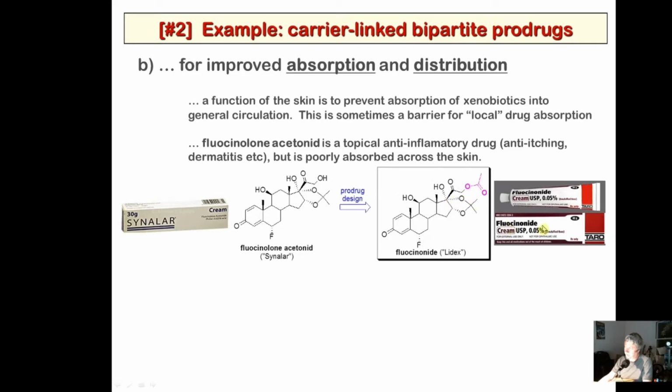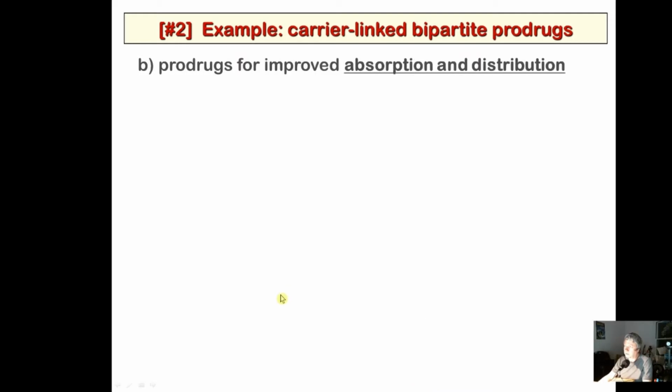This is called fluocinonide. Fluocinonide is the name of the prodrug, or Lidex. So it's absorbed through the skin, and then esterases cleave off the acetate and give you the active hydroxy group and fluocinolone acetonide drug. Okay, another example.